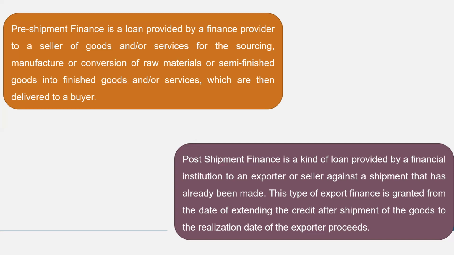Or else, many a times it has also been asked to distinguish between pre-shipment finance and post-shipment finance. So at that point of time, you should be able to understand and write it well, around 7 to 8 points for the features, or even if they ask you to distinguish between.